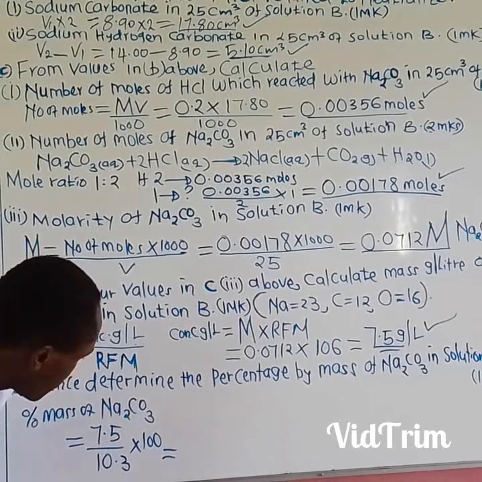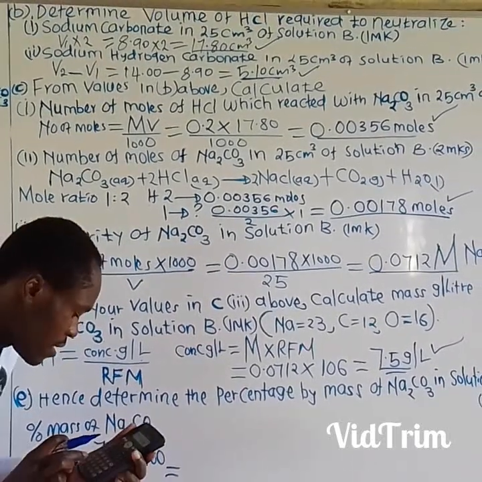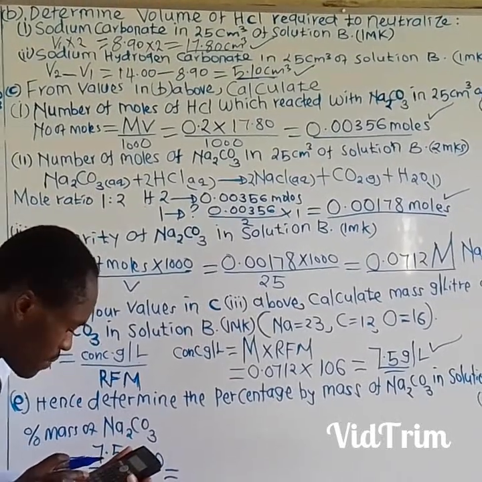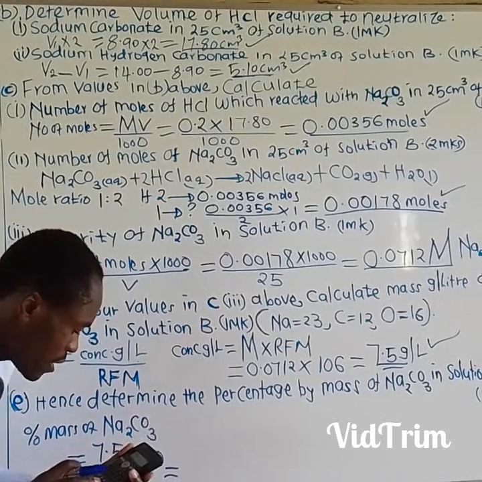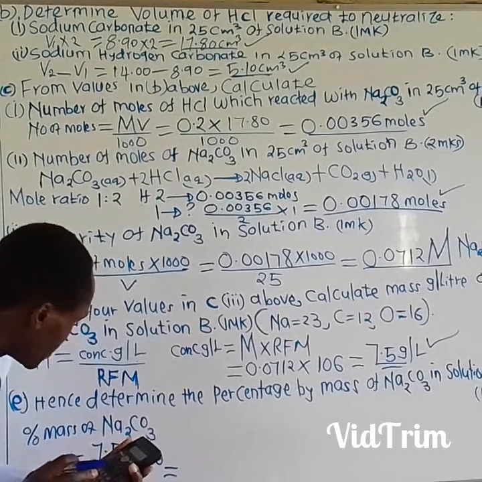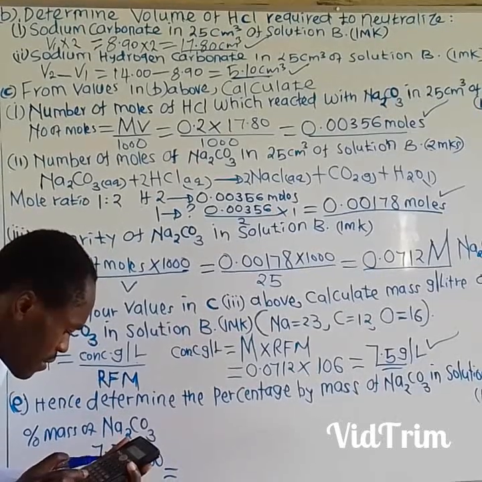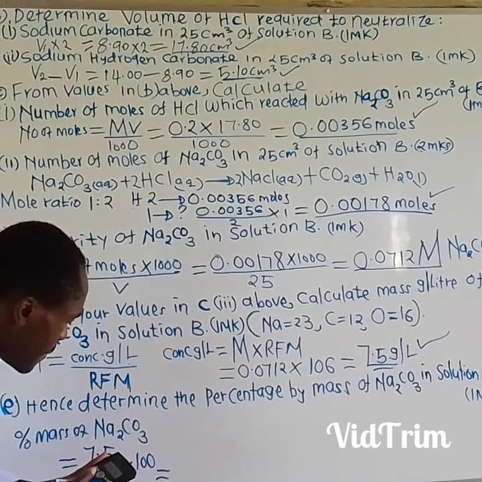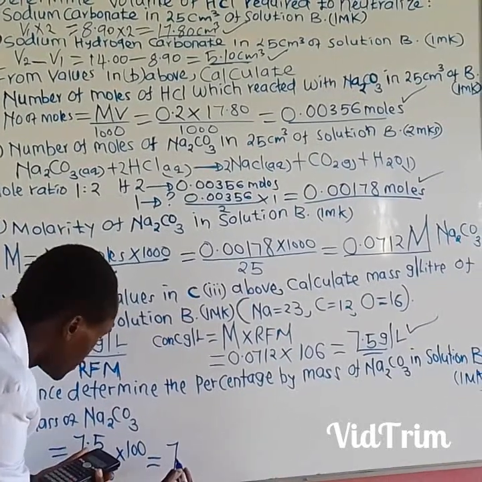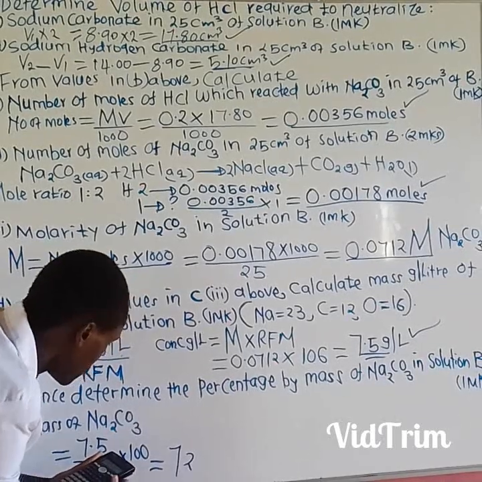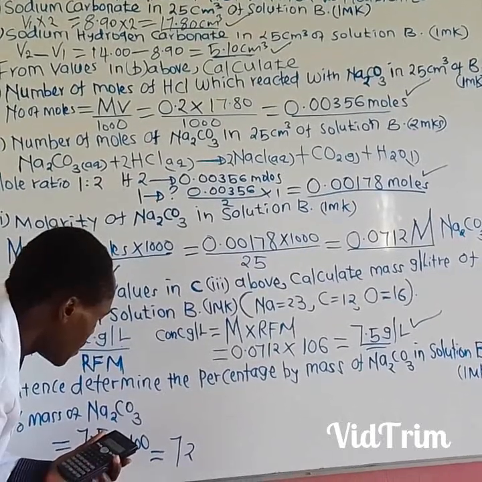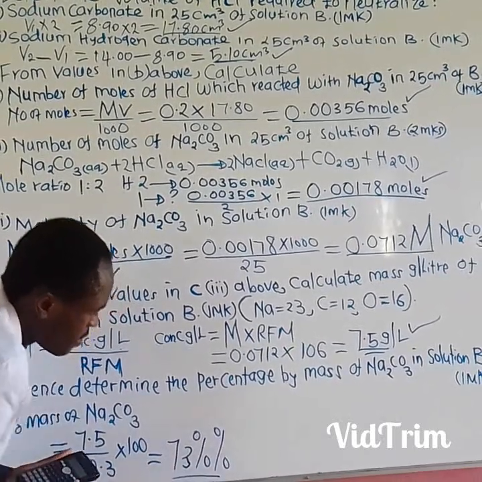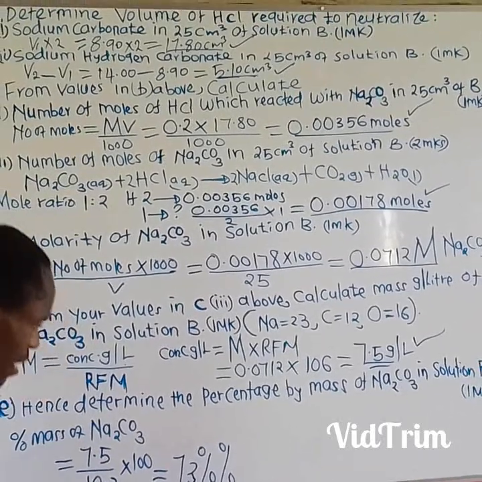So if you calculate carefully, that is 7.5 times 100 divided by 10.3. This one gives me around 72. When I round off to the whole number, it is 73. This is 73%. 73% of sodium carbonate in the mixture.